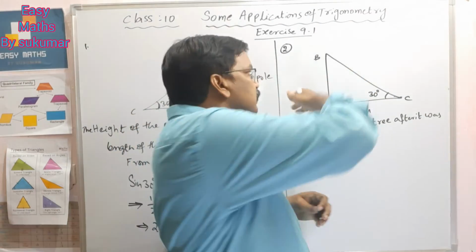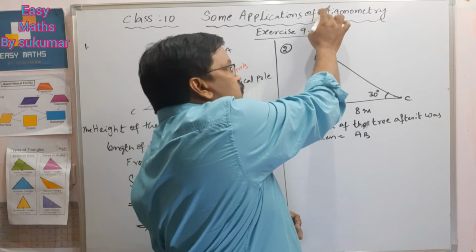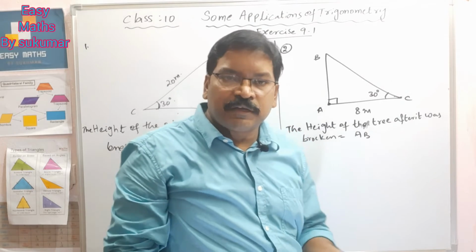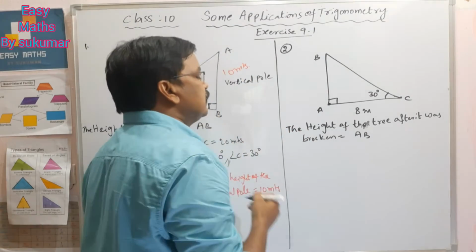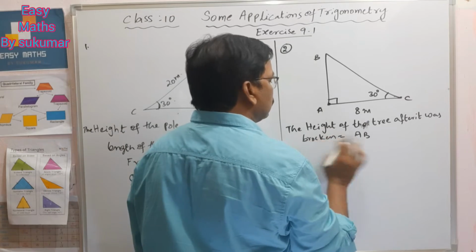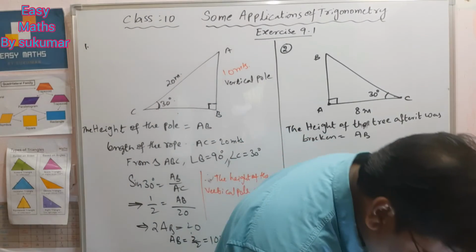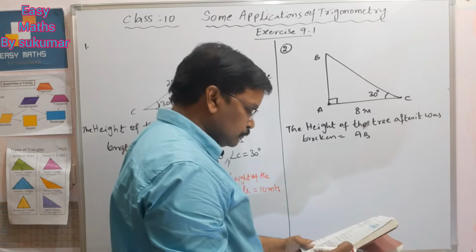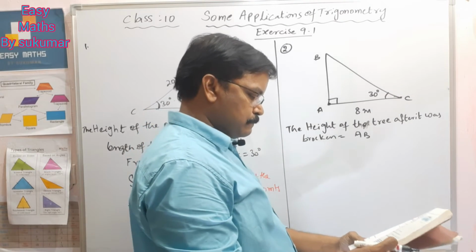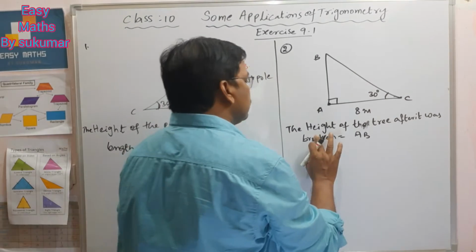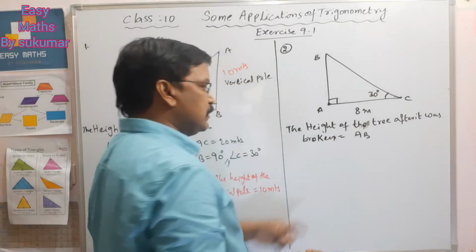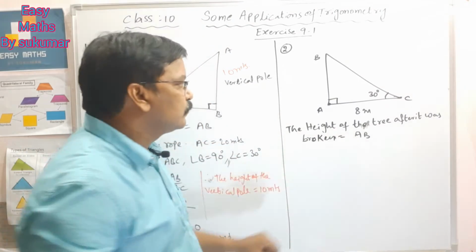Suppose this broken part touches the ground, like that. After it was broken, the height was AB.